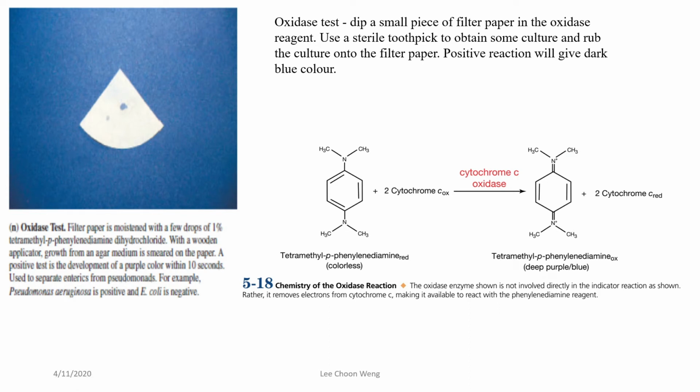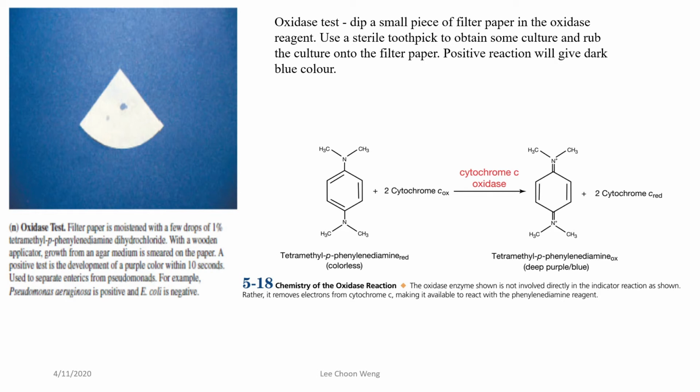The point to note here is you cannot use your normal wire loops to pick your isolates. You have to use a wooden applicator, usually a sterile toothpick, or a platinum loop. Because the platinum loop is more expensive, we will usually stick with sterile toothpicks.